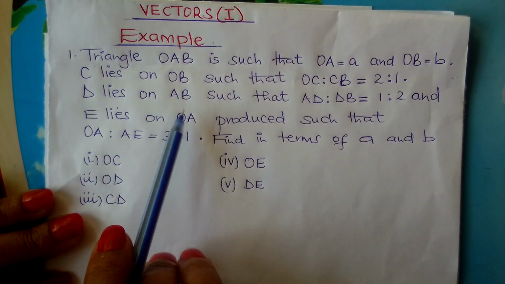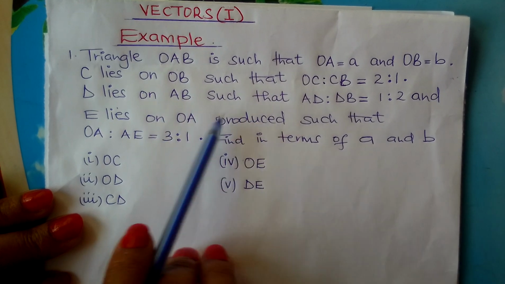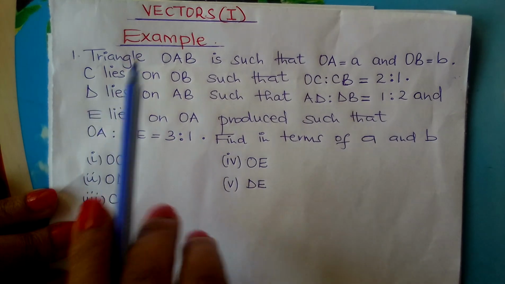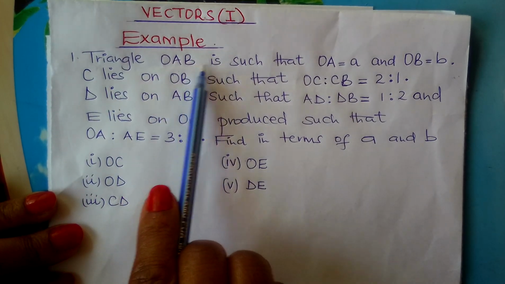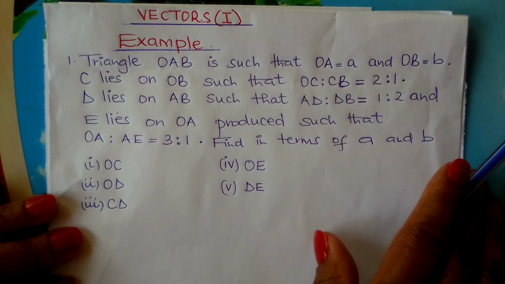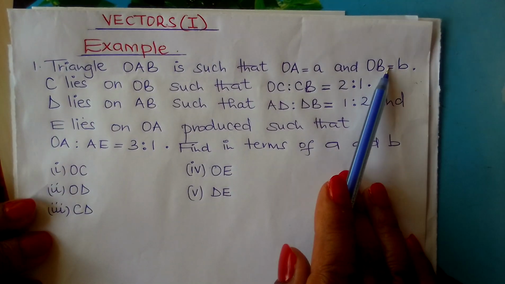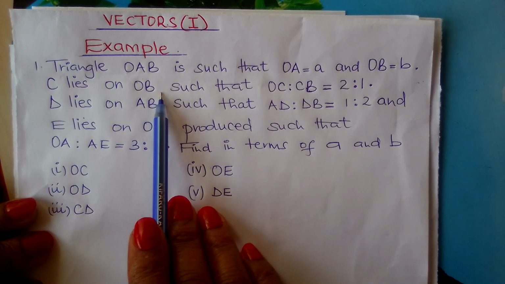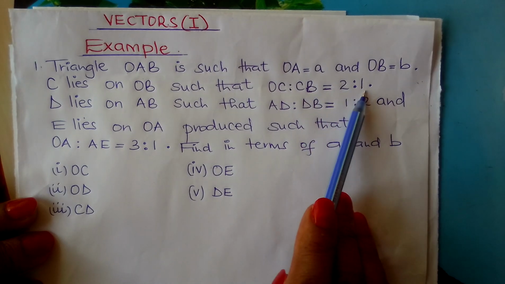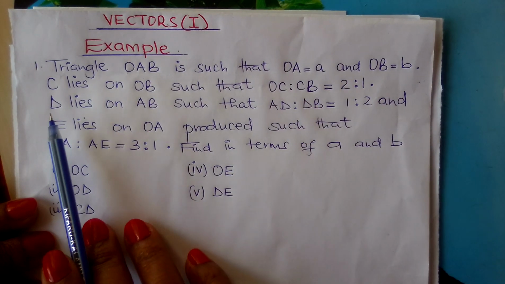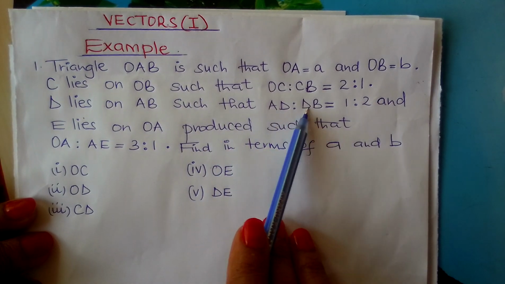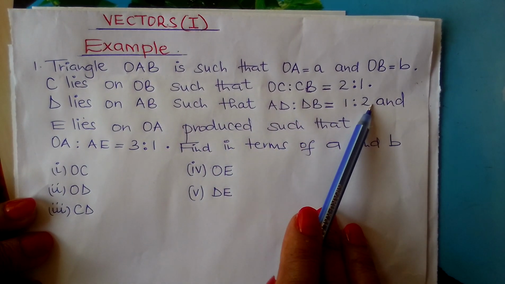Let us look at this problem. Such problems are normally tested in exams. So, the question is, triangle OAB is such that OA is small a and OB is small b. C lies on OB such that OC is to CB is 2:1. These are ratios. D lies on AB such that AD is to DB is 1:2.